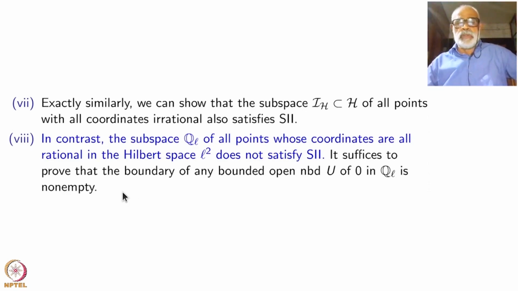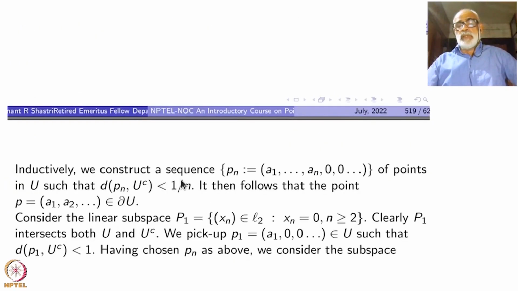So I am going to show that if you take a bounded open neighborhood U of 0, then its boundary is non-empty inside QL, not inside L2, where it's obvious; inside QL you have to show it's non-empty. In other words, you take the entire boundary, intersect with QL, it is non-empty. Okay, so this is done as follows.